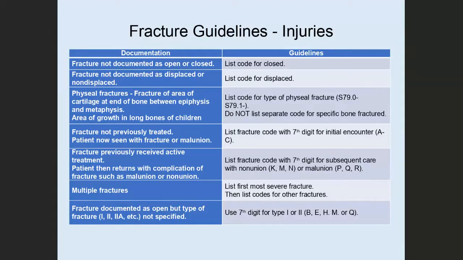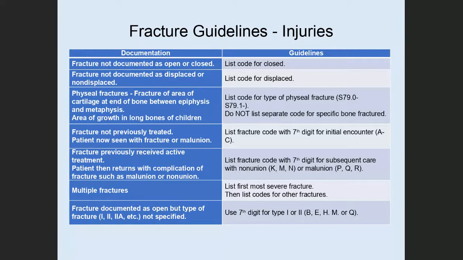So let's look at the summary of the guidelines for coding traumatic fractures. If a fracture is not documented as open or closed, list a code for closed. If the fracture is not documented as displaced or non-displaced, use a code for displaced. So we're assuming closed, we're assuming displaced.